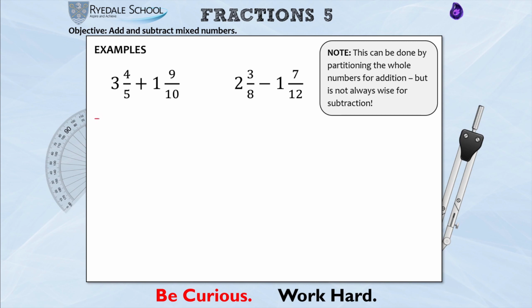So the first thing that I'm going to do is I'm going to write both of these fractions as improper fractions. So I know that 3 4/5 is the same as 19/5.